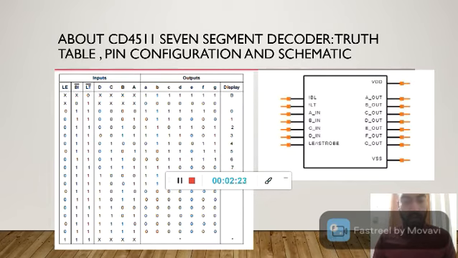Designed using the CD4511, it can drive a common cathode 7-segment display. Thank you, sir.